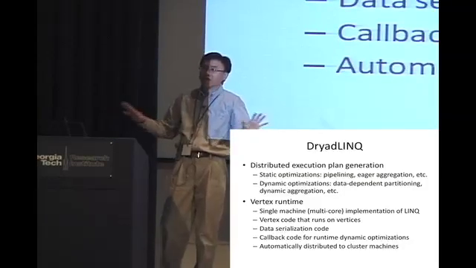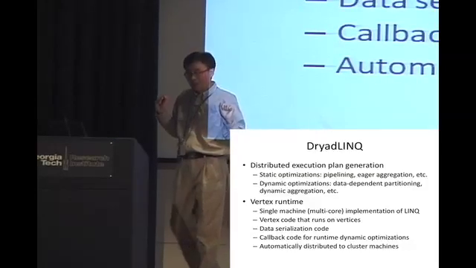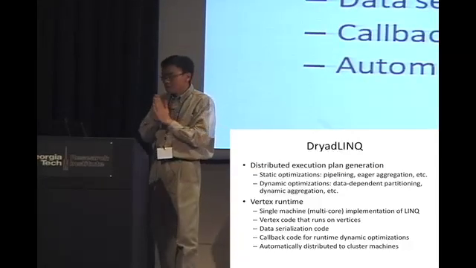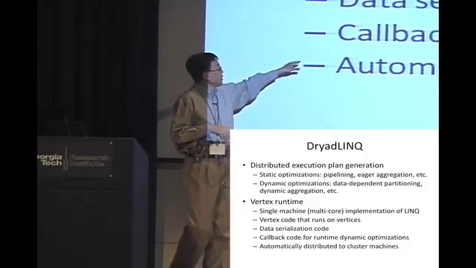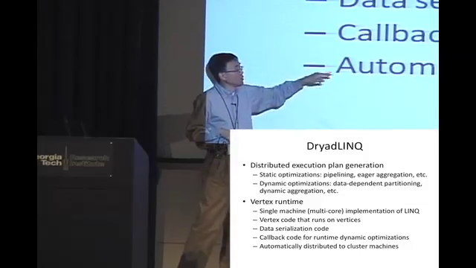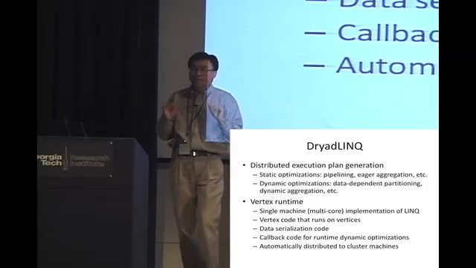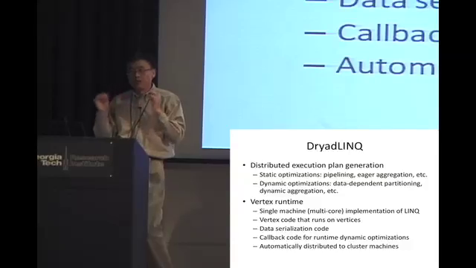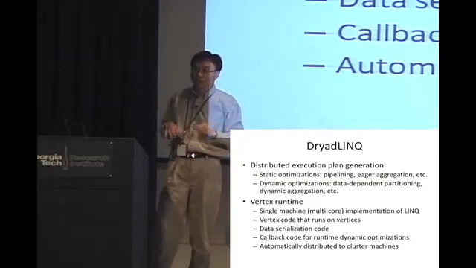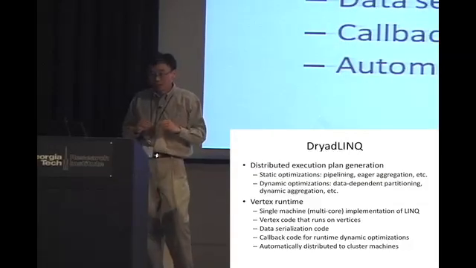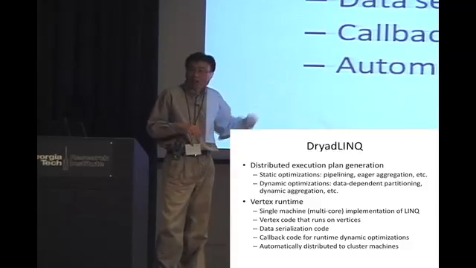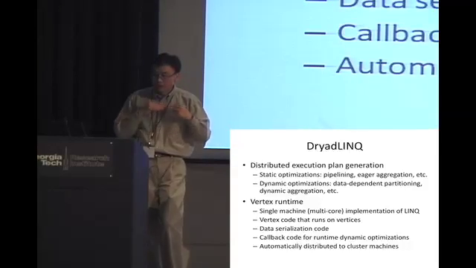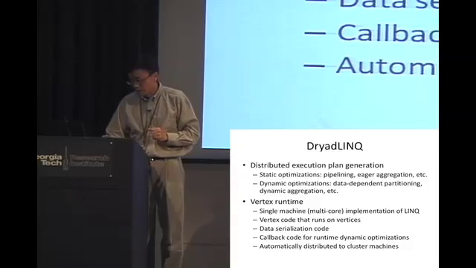We don't rely on the .NET serialization because its performance is not that good. It also generates callback code: Dryad provides an interface that allows you to add callback code to modify the graph, and this is automatically generated by DryadLINQ. All of this is generated, compiled into a DLL, and shipped to the cluster automatically.